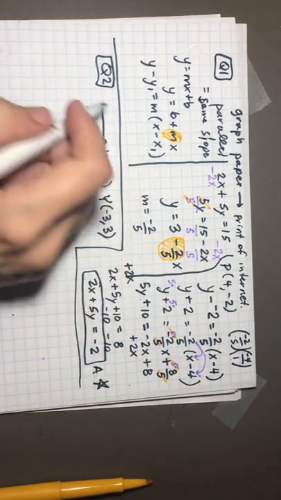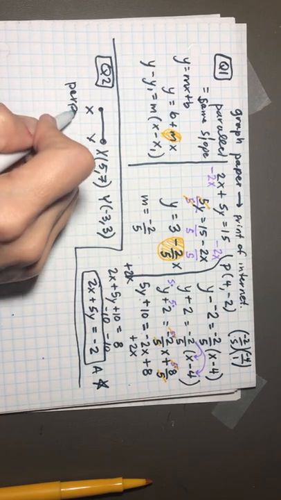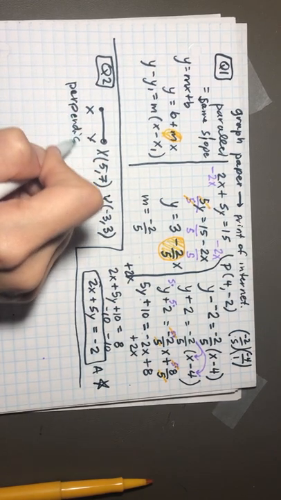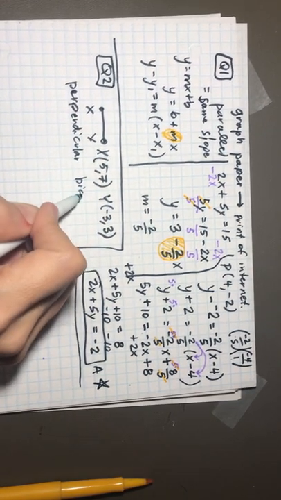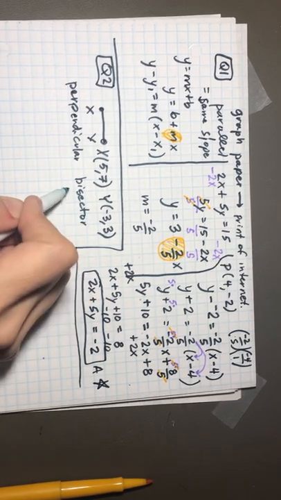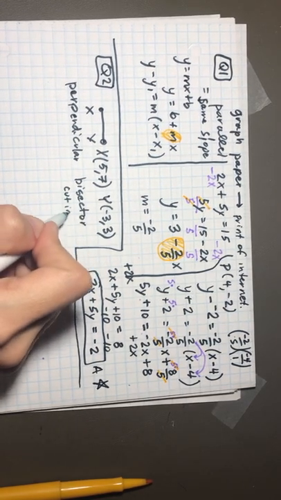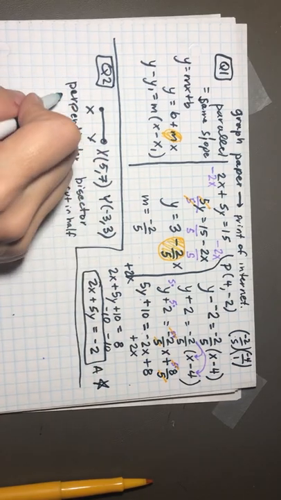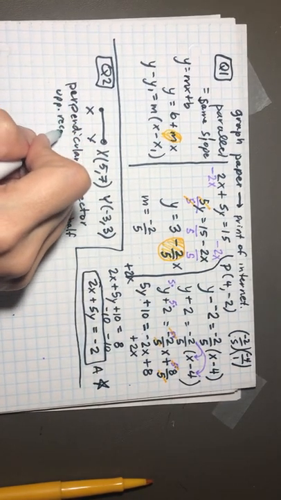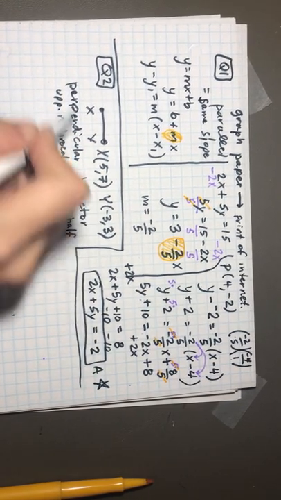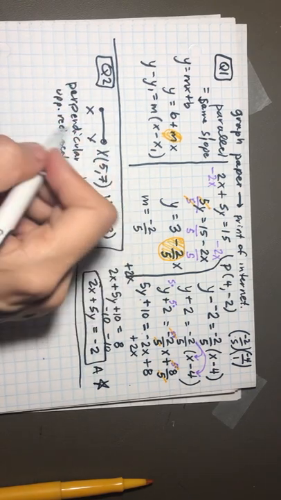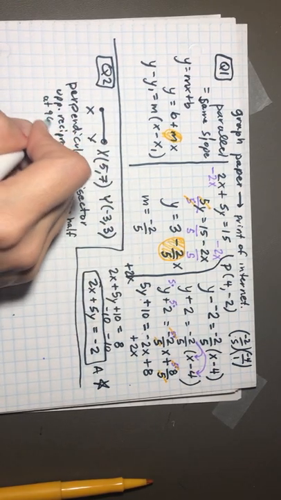Now it states I want perpendicular, and then I also need bisector. Bisector means to cut in half, and perpendicular means opposite reciprocal, or for two lines to cross at a 90-degree angle.